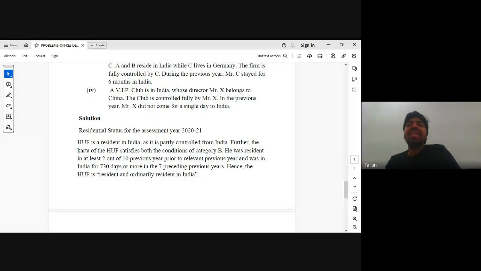The meaning of DTAA, it is the Direct Taxation Applicable Act, right? RNOR means resident and not ordinary resident, right? DTA stands for Direct Taxation Applicable Act.